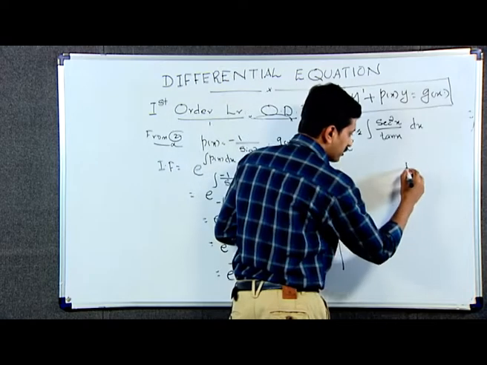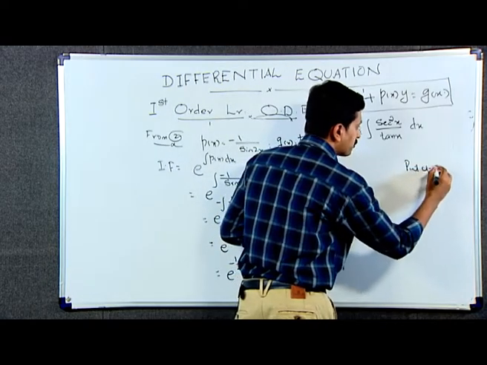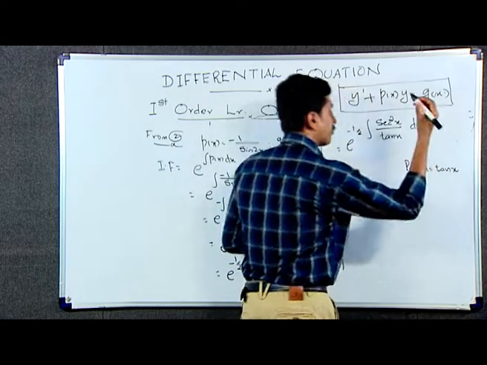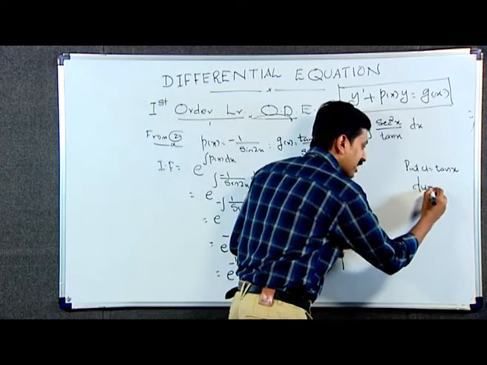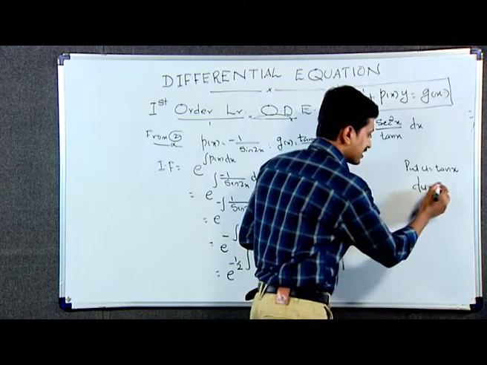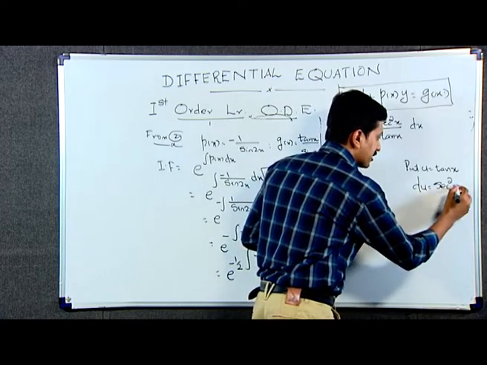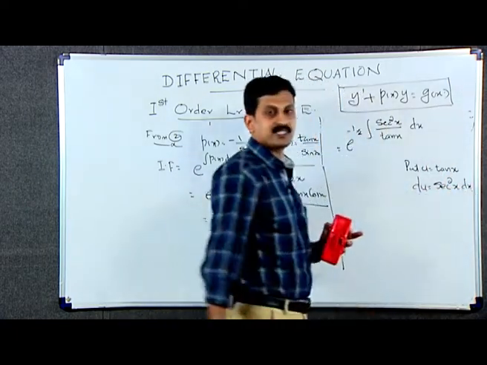So, put u is equal to tan x. Then du is equal to the derivative of tan x, which is sec square x into dx.